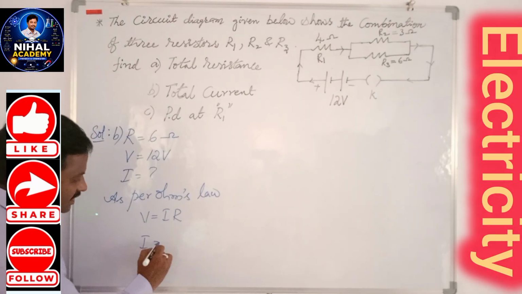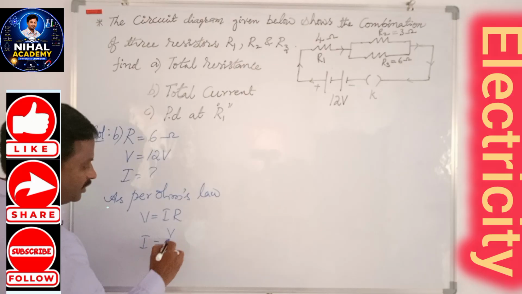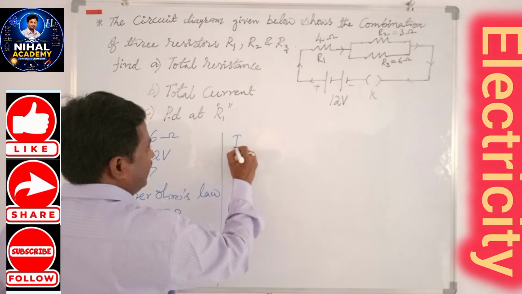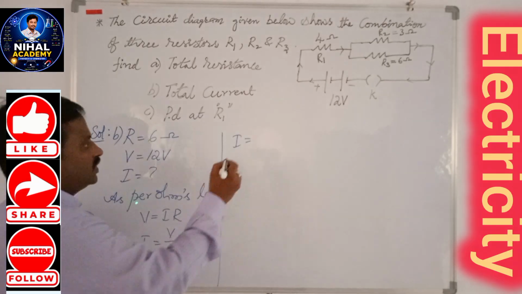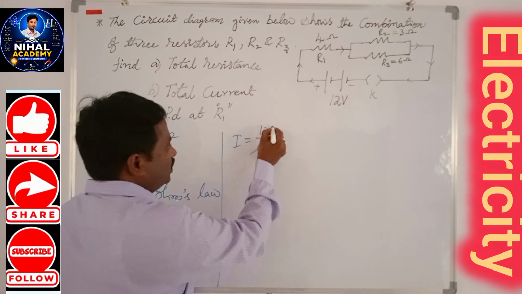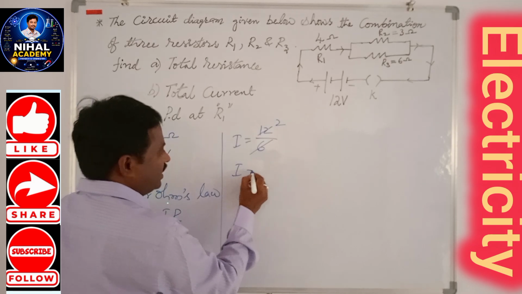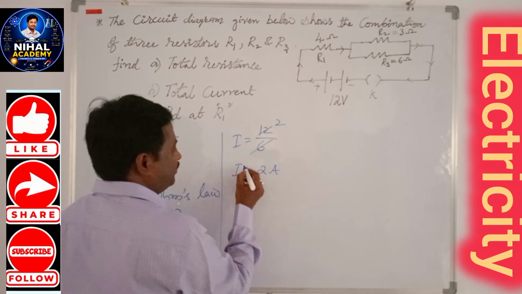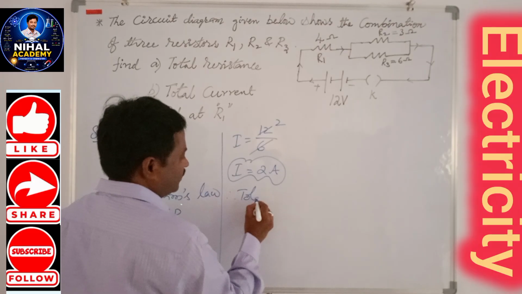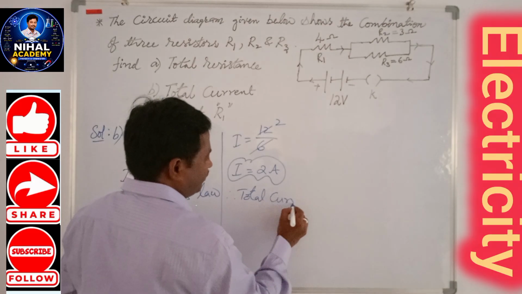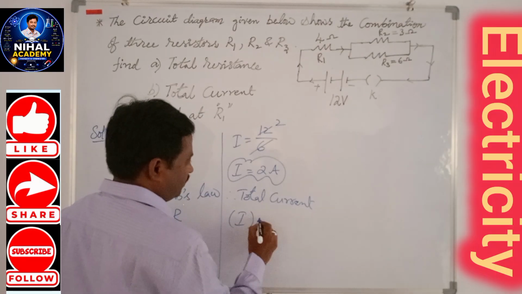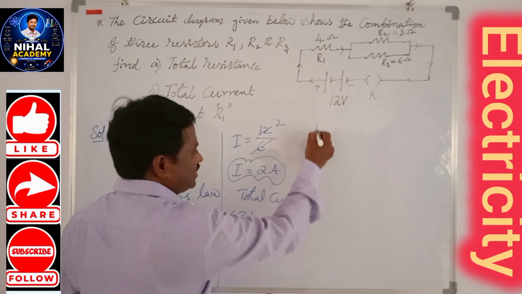From this, I is equal to V by R. Now substitute the values. So current I is equal to V is 12 by R is equal to 6. So 6 2 times cancel. Therefore the current I is equal to 2 amperes. So therefore total current I is equal to 2 amperes.